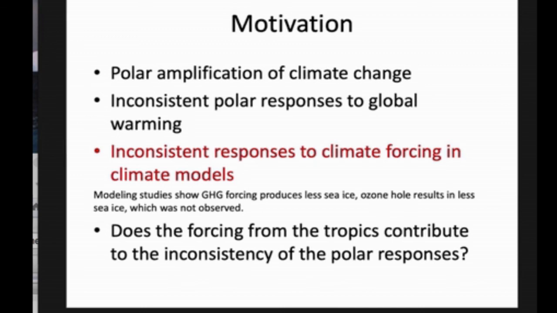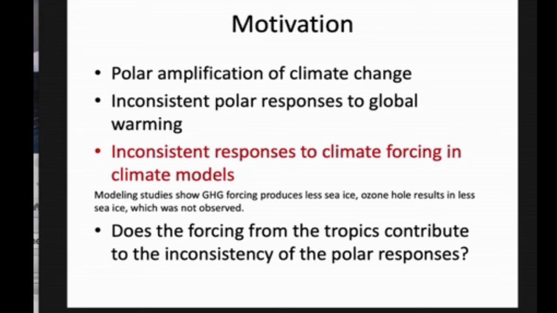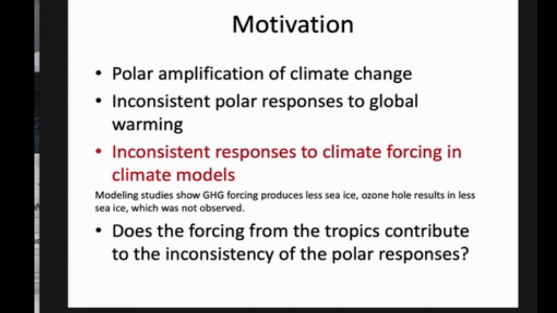But that is not observed, because the observed sea ice extent is increasing. However, the air temperature and sea ice in Antarctica have lots of spatial variabilities. This makes Antarctica so unique and so different from the other parts.